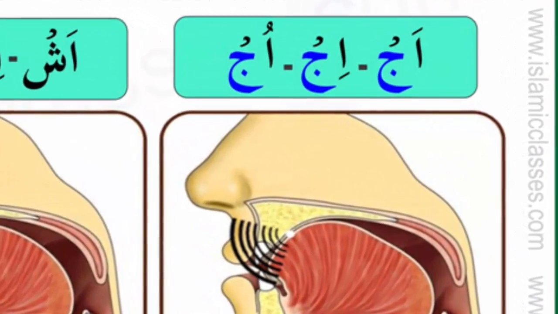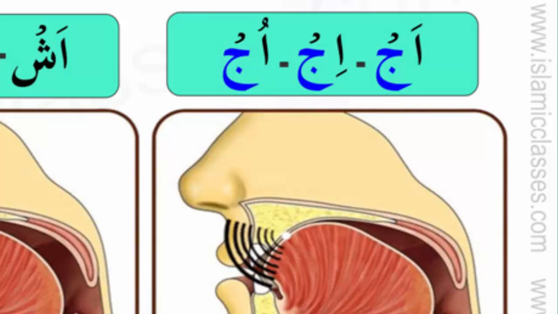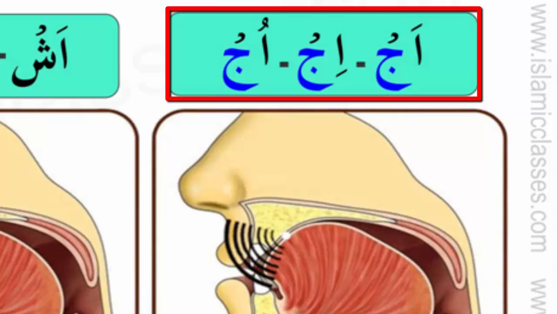But keep in mind right now that the middle of your tongue should touch the middle of the palate. We say again aj, aj. The next one is Hamza, Jeem, Kasra, Ij, Ij. You don't need to spread your sound of Jeem like Ij, J, like that.